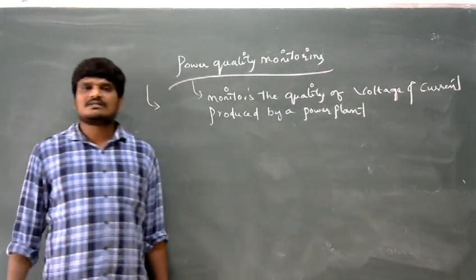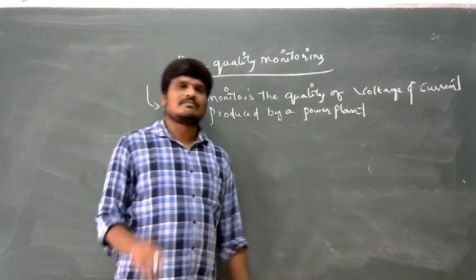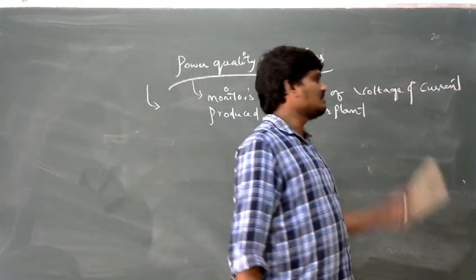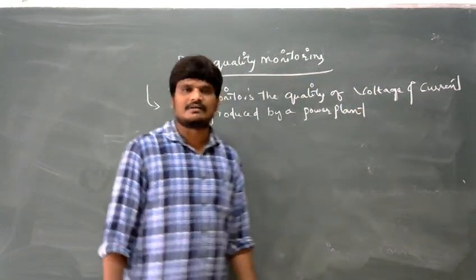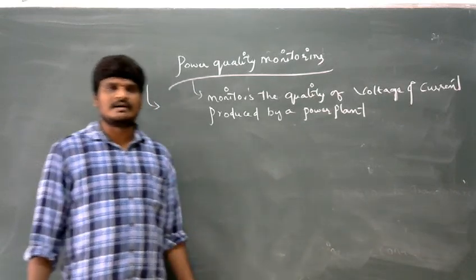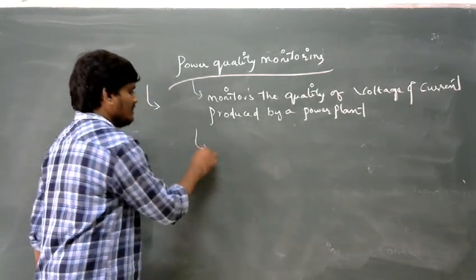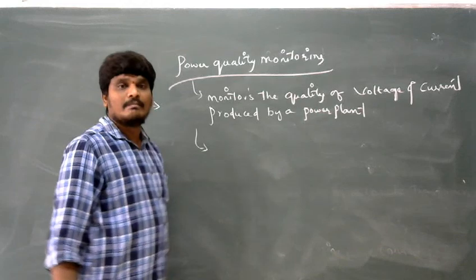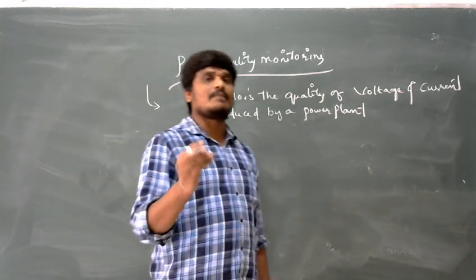Monitoring the voltage levels and the current levels which are produced in a power plant gives you power quality monitoring. And what is the main reason to employ power quality monitoring?